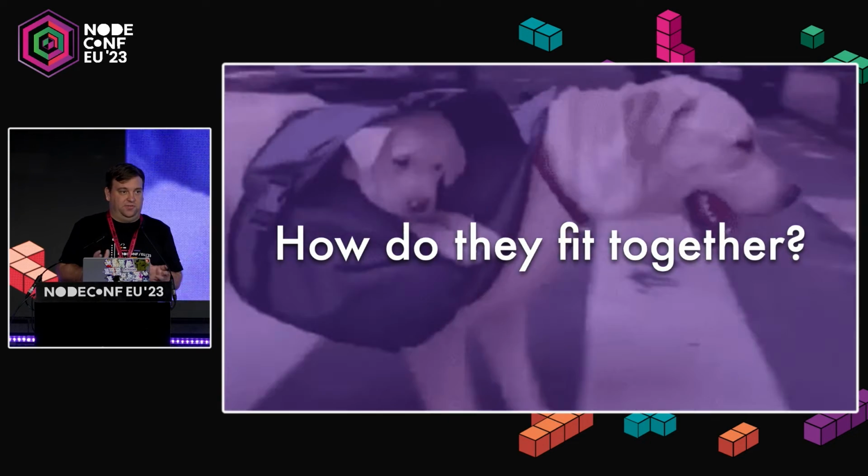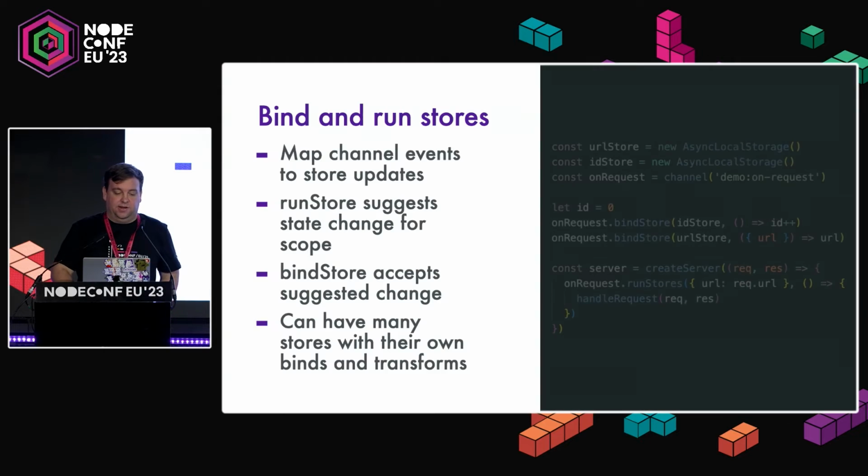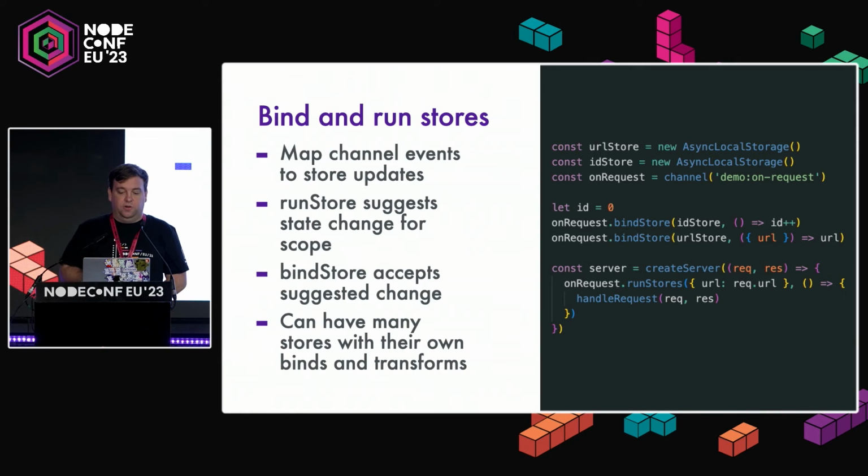So how do all these fit together for the purpose of tracing? Diagnostics Channel has this handy thing called bind and run store. So it maps channel events to store updates.